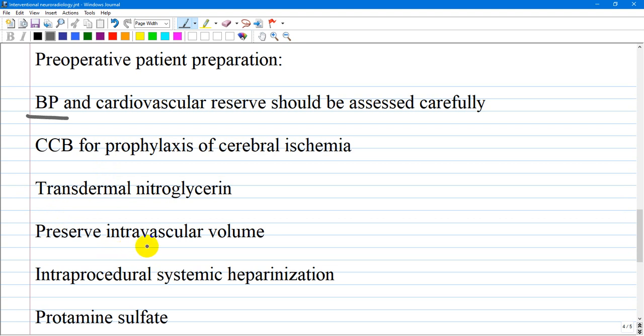Allergy, remember, there seems to be no difference between the older and newer agents in their propensity to cause anaphylactoid reactions. However, newer agents provide a much lower osmolar load and therefore preserve intravascular volume in the event of an allergic crisis.